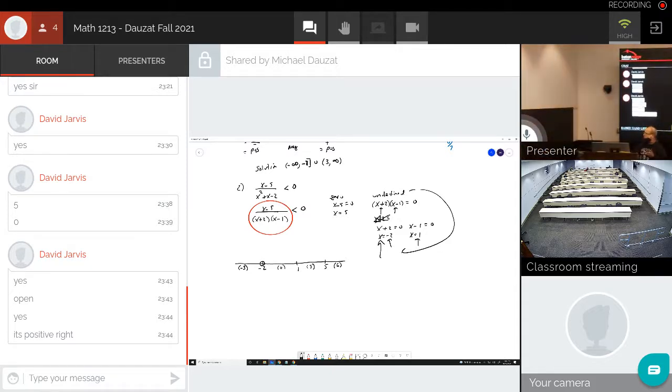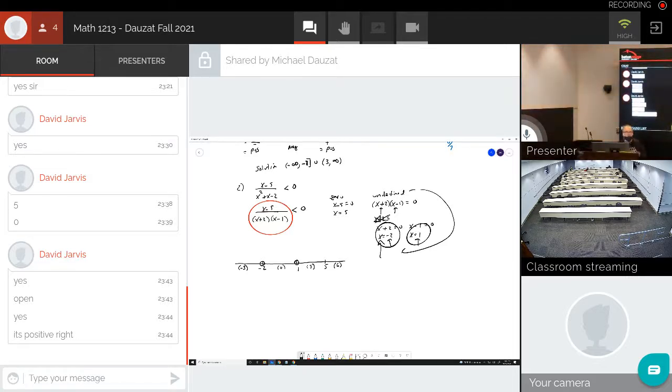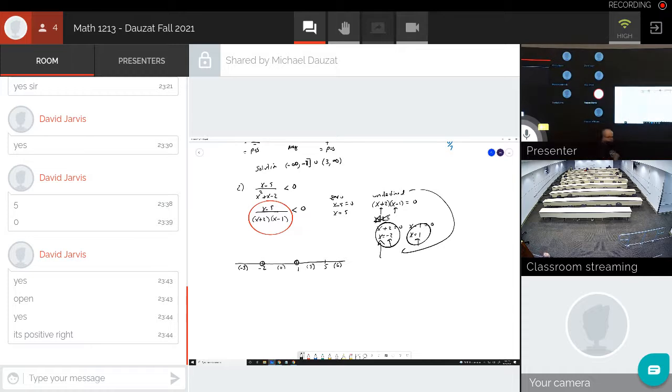So remember, -2 and 1 are undefined points. Undefined points are never solutions because they make the expression undefined. So 1 is not going to be a solution because it's an undefined point.